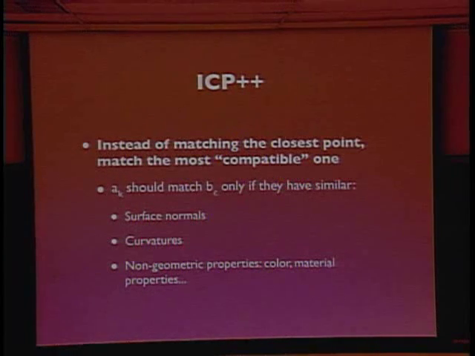And in particular, you can say, well, this point A should only match the point B if the surface neighborhood around there looks similar in terms of surface normals, curvatures, or some other property such as its color or material properties, some of which you can actually acquire from laser radar, in fact. You can't get the material properties directly, but you can get some sense of the color of the surface.